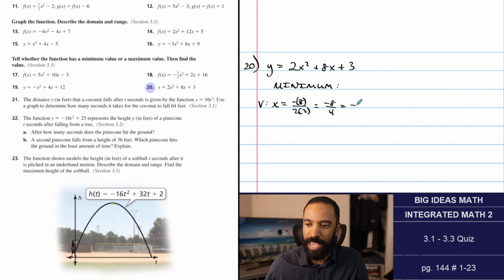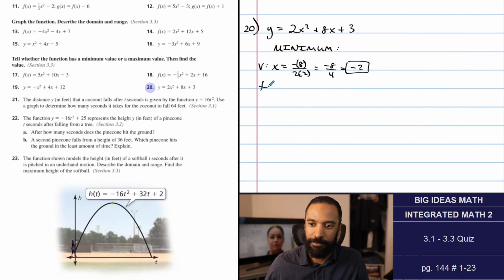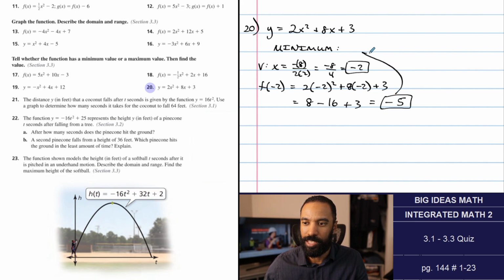Negative 8 over 4 is negative 2. And we are going to be taking f of negative 2. Substitute negative 2 for x. Figure out your y. 2 times negative 2 squared plus 8 times negative 2 plus 3. Negative 2 squared is 4 times 2 is 8. Minus 16 is negative 8. Plus 3 is negative 5. This has a minimum. Negative 5 is said minimum.